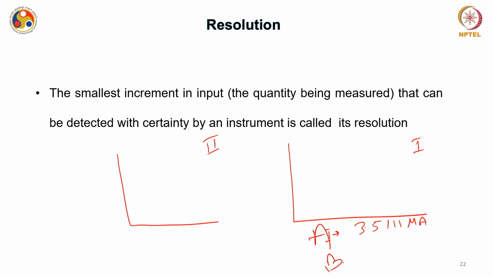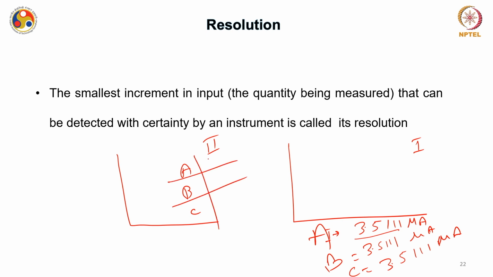For instance B, it gives me a value of 3.5111. And again for C, it is giving me a value of 3.5111. So, in all the cases, it is giving me a very nice, good significant figure value like 3.5111.